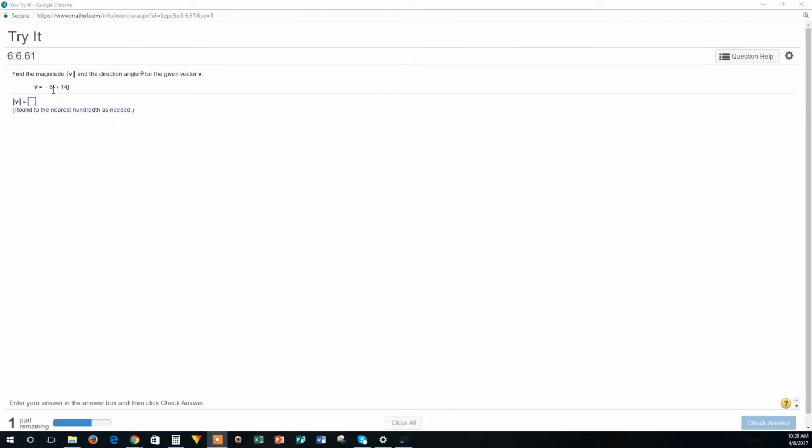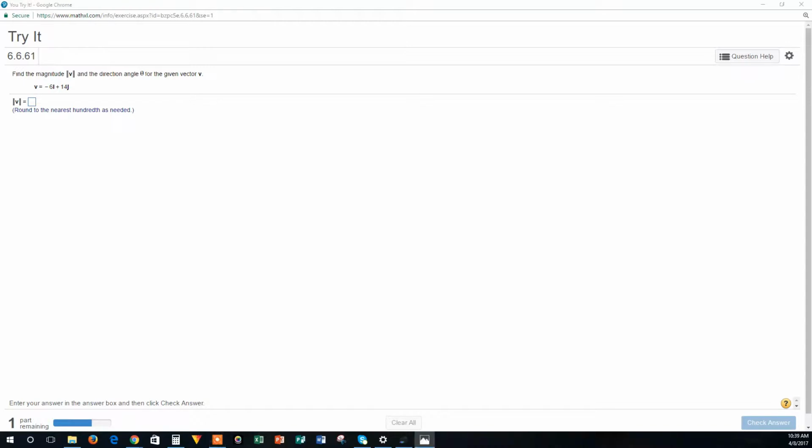We have negative 6i plus 14j. A is the coefficient for i, which is negative 6, and B is the coefficient for j, which is 14. We're going to put them into the formula: square root of a squared plus b squared equals the magnitude.